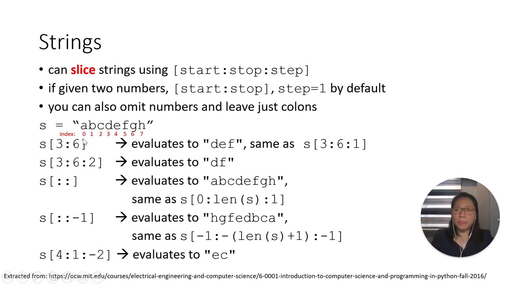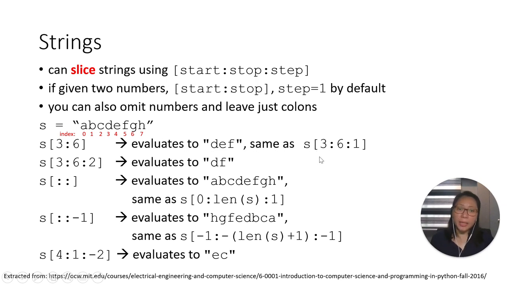Always remember that the indexing starts from 0 if from left to right, and if you're accessing from right to left, indexing starts from -1. In this example, s[3:6] means that the start is 3 and you stop at 6. This evaluates to DEF: 0, 1, 2, 3 and up to, so DEF, 6 minus 1.